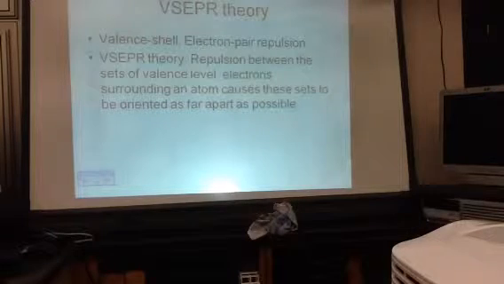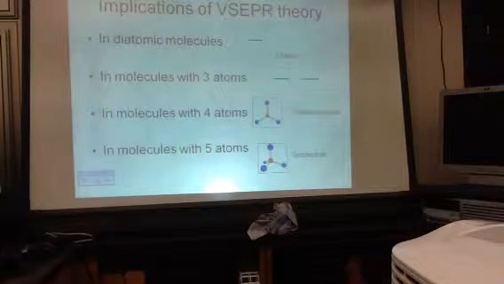So what we end up with is a situation where everything spaces itself out to be as far from everything else as possible. And that determines our geometries. So what this means is that if we have a diatomic molecule, what does the prefix di mean? How many? 2.